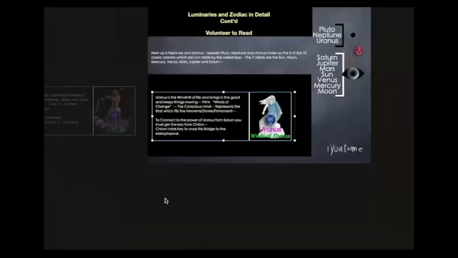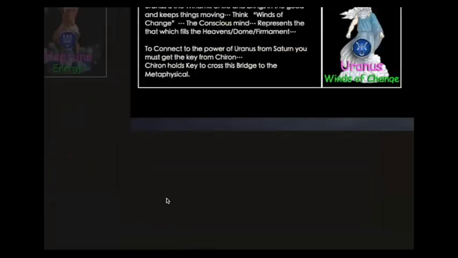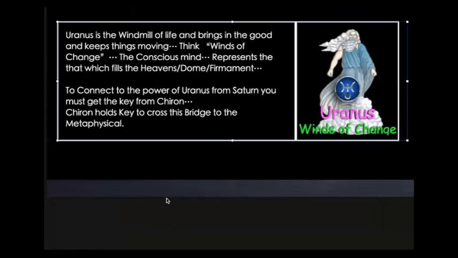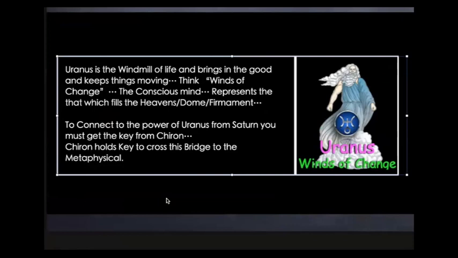Could I just add in as well, Claudio, that Uranus, Neptune and Pluto are generational changes. Their cycles are much larger than any of the others. Uranus's cycle is 84 years. Neptune's cycle is double that at 168 years.